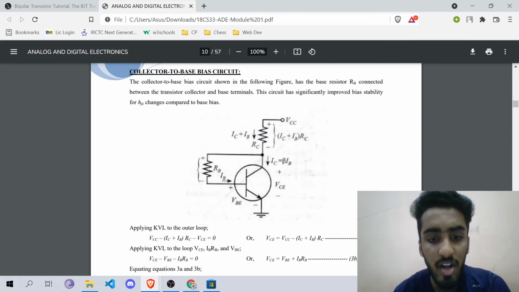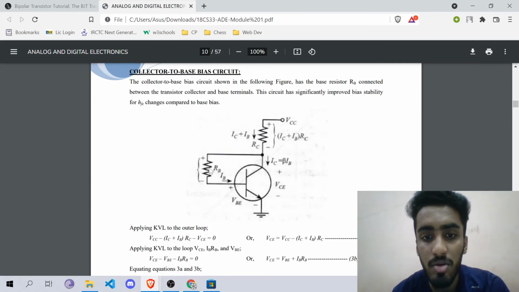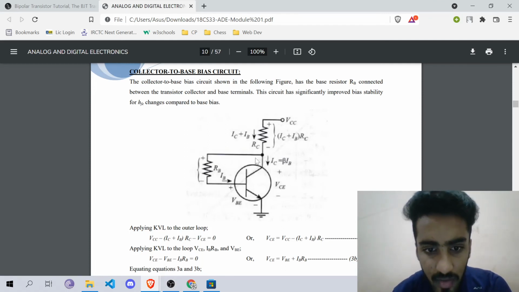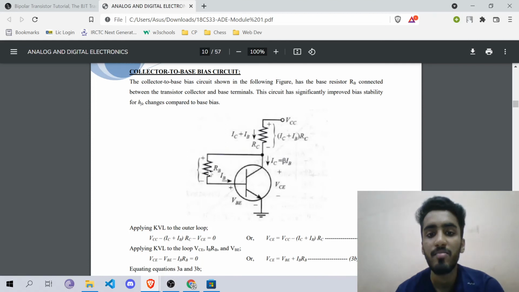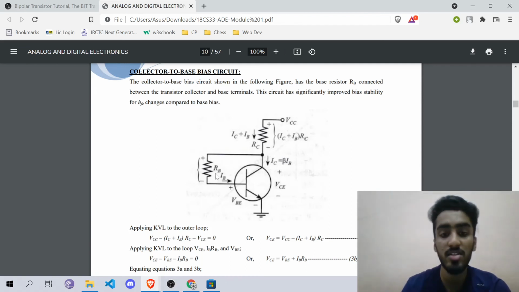Now applying KVL to the loop VCE, IBRB and VB, that is the input loop, we get, if we start from here and go in this direction, we go along the direction of the current. So the potential drop across this resistor must be IB into RB, which is negative.